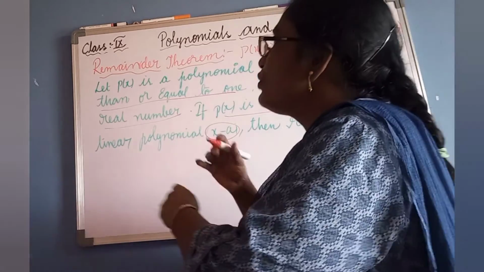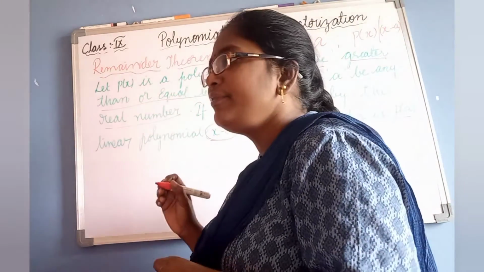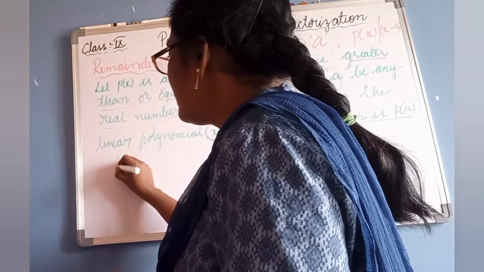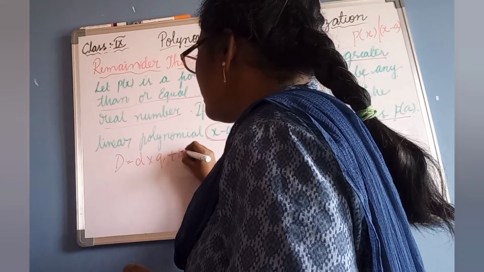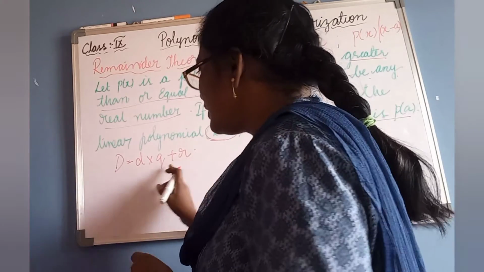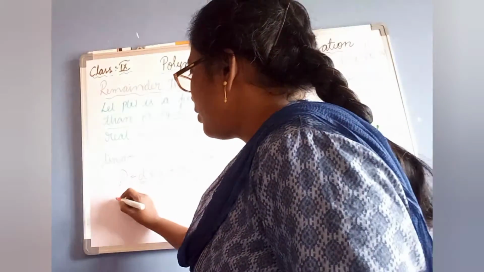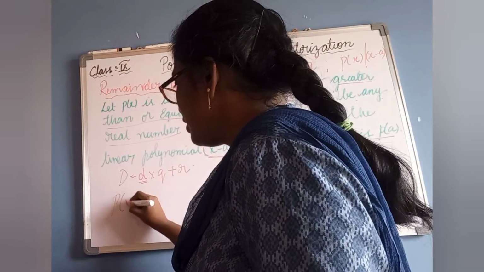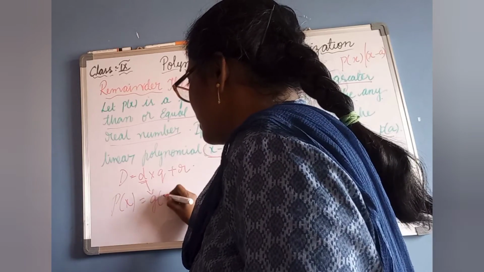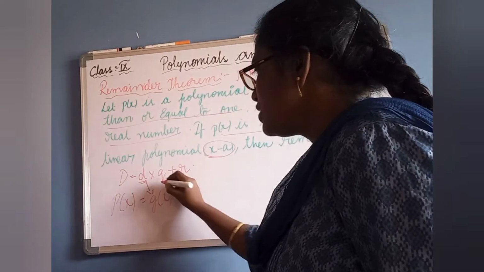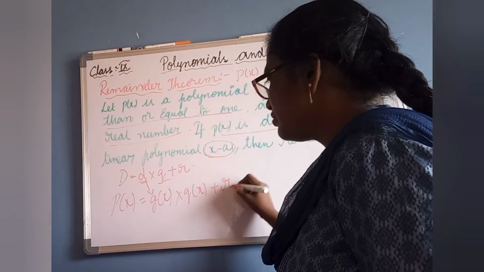We need to prove this remainder theorem. For that, we have learned dividend equals divisor multiplied by quotient plus remainder, the verification rule we already discussed. So dividend is p of x, divisor is g of x, quotient is q of x, plus r.